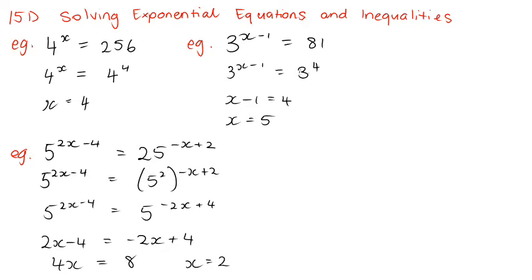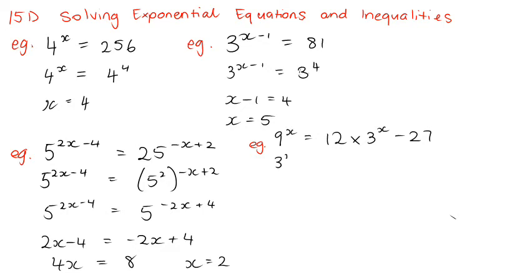Next one, we have 9 to the x equals 12 times 3 to the x minus 27. What we're going to do is simplify the left-hand side.